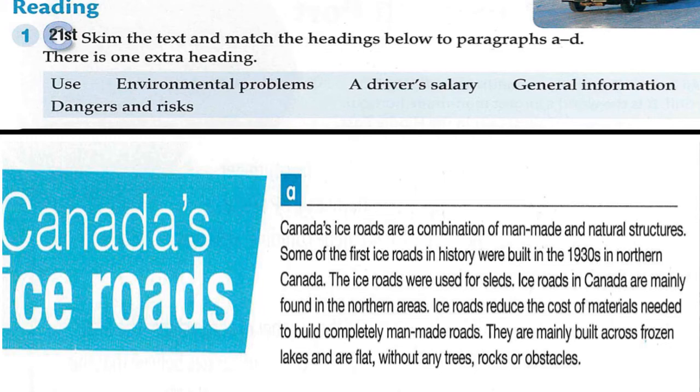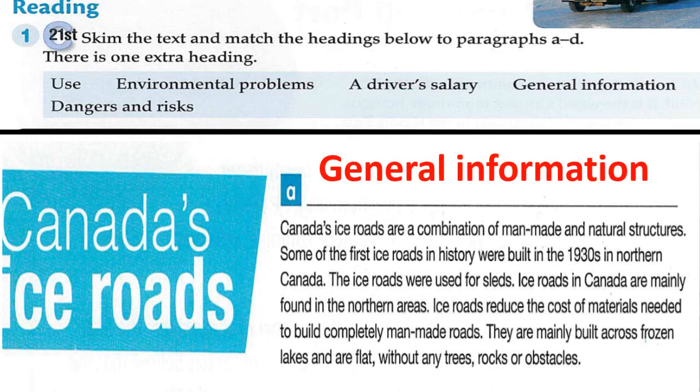So here you have a paragraph about this one, Canada's ice road. What do you think this paragraph is talking about from the headings up? Yes, general information about Canada's ice road. So in this paragraph, you can find only Canada's ice road in northern Canada, and they were built in 1930.